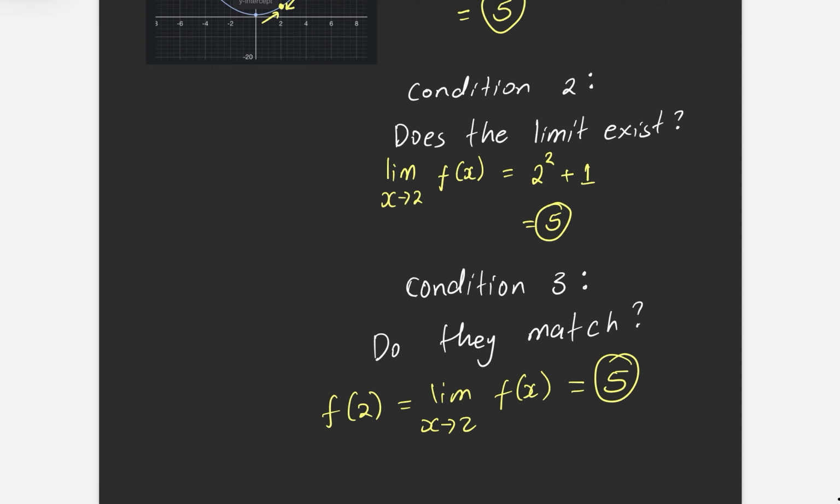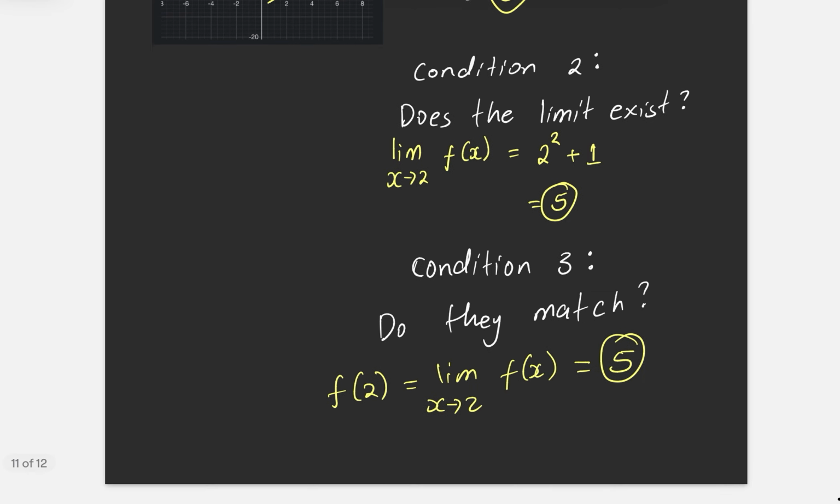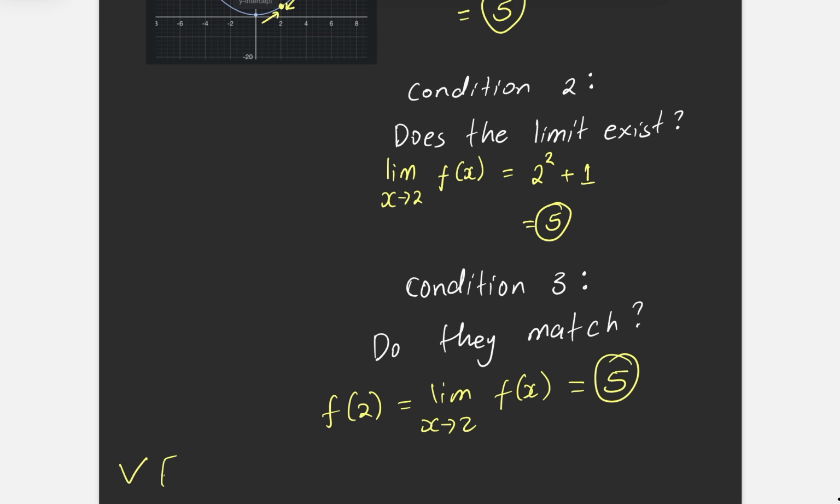So they do match. All three conditions hold. f is continuous at x equals 2. That's why the limit and the function value are the same number, 5. And that's essentially how you prove continuity.